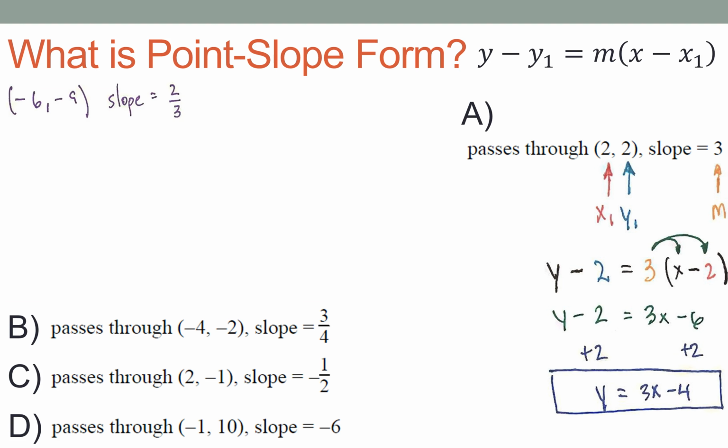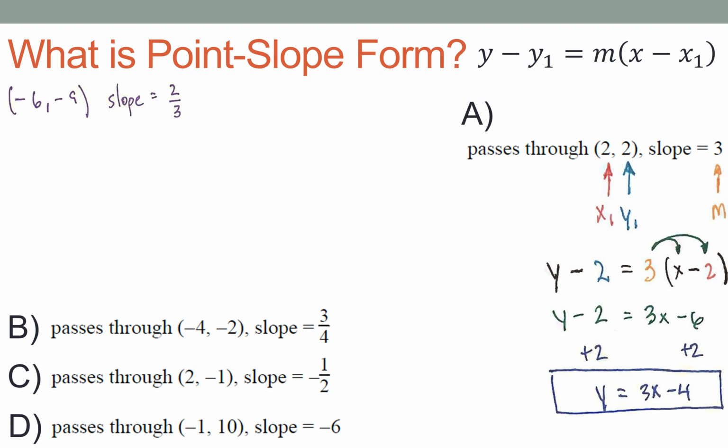This is not in your notes, but you should probably write it on the back or on a piece of notebook paper on the even-numbered page if you're in my class. Negative 6 comma negative 9 is our point, and our slope is 2 over 3. I'm going to use the point slope formula, y minus y1 equals m times x minus x1.